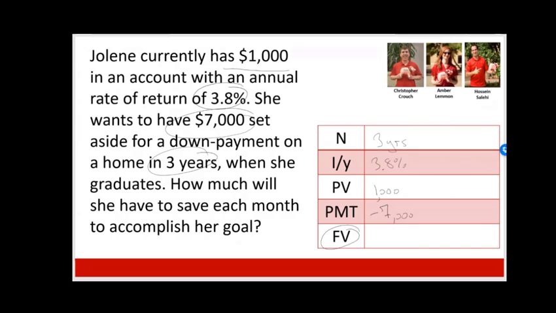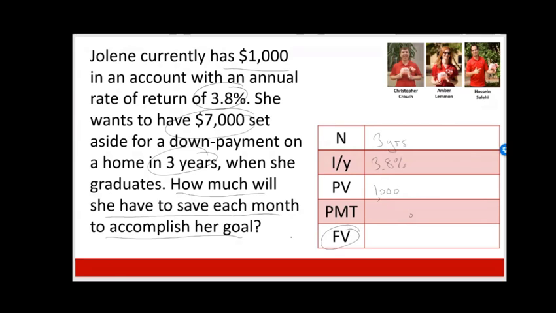Okay, I know that's a little confusing. So it says, how much will she have to save each month to accomplish her goal? So what do you think we're solving for? Correct. So we're solving for payments.